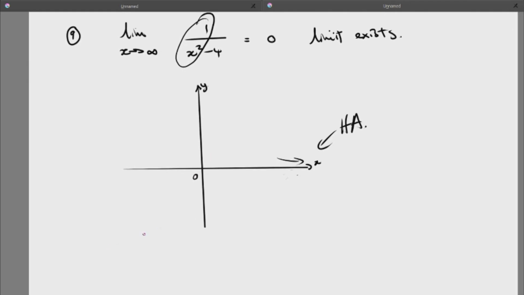And then I can do other things. Let's just go for number 7. Why not? I've been delaying it. No, let's do number 2 before 7. Limit as x again goes to infinity of x to the negative 5. What kind of function is that?